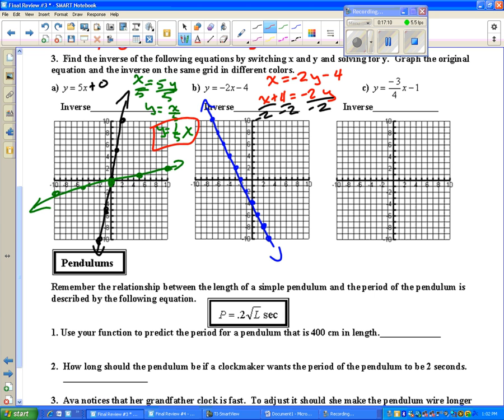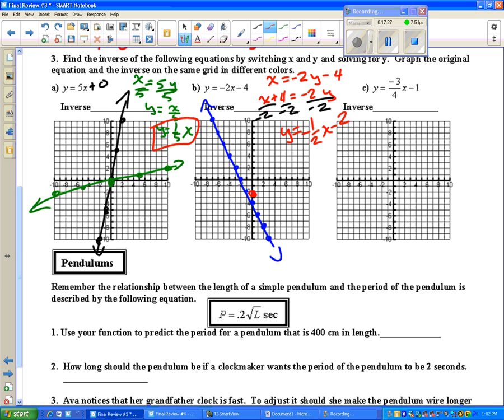And I get y is equal to negative... now it's x over -2, so that's -1/2 x. 4 divided by -2 is -2. So that's my inverse. My y-intercept is -2.